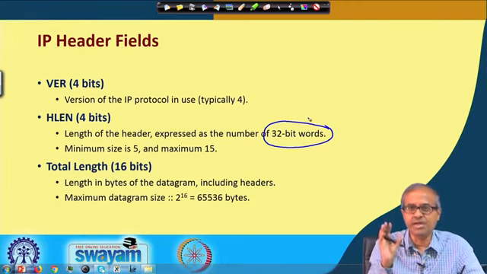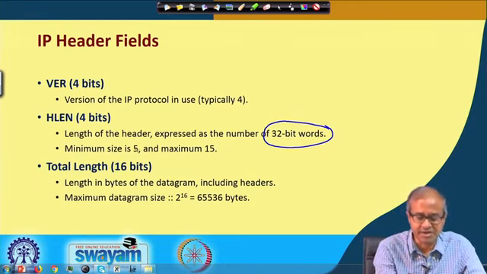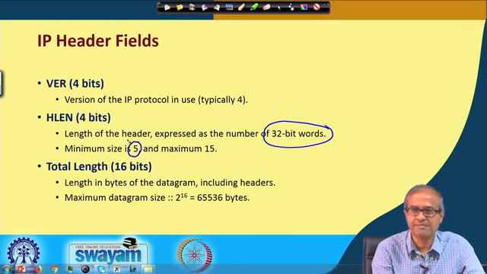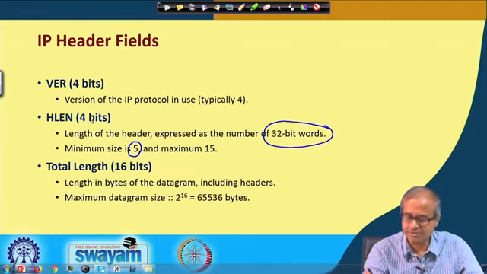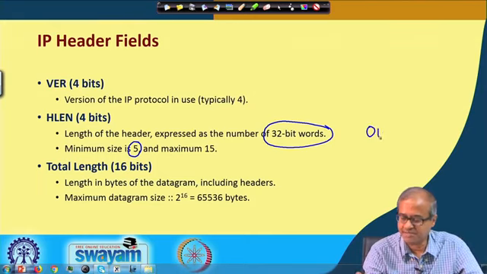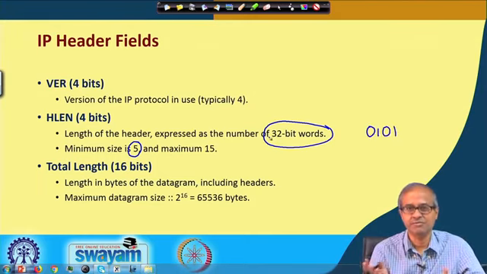So, if it is only 20 bytes of header, this will contain 5, but it can go up to a maximum of 15 because it is 4 bits. In 4 bits you can have 0 to 15. Okay. So, default is 0101, which means 5 into 32, which means 160 bits.